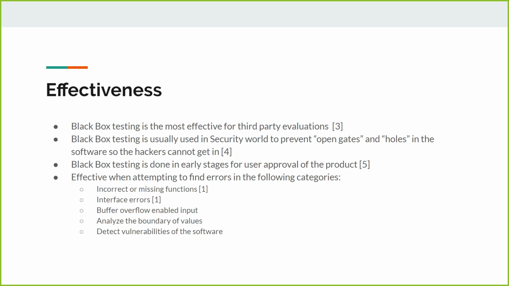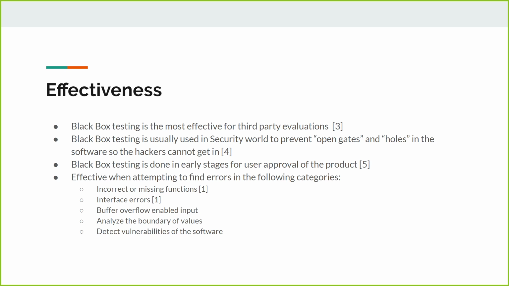There's a list of the most effective errors which can be found in the list down below, and this includes incorrect or missing functions. For example, if the software needs to have a specific function and the user tests that with black box testing and it's not there, then it should be fixed. There could be some interface errors. We talked about security in the past.